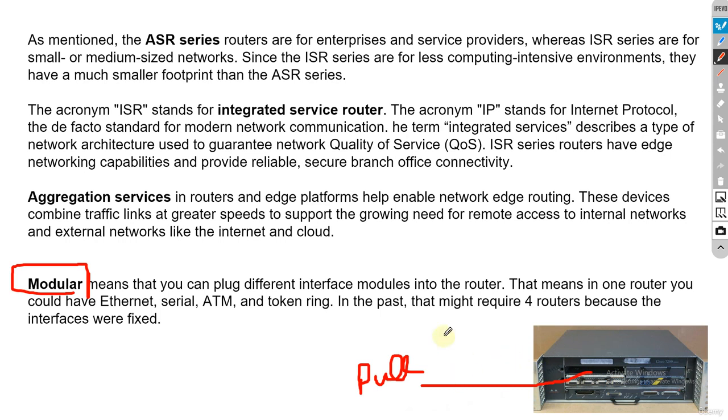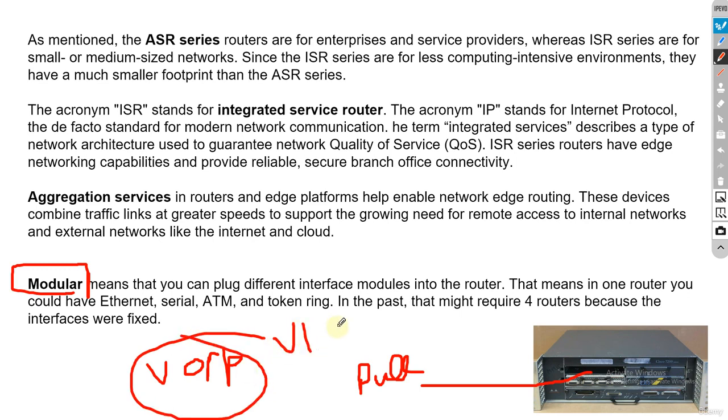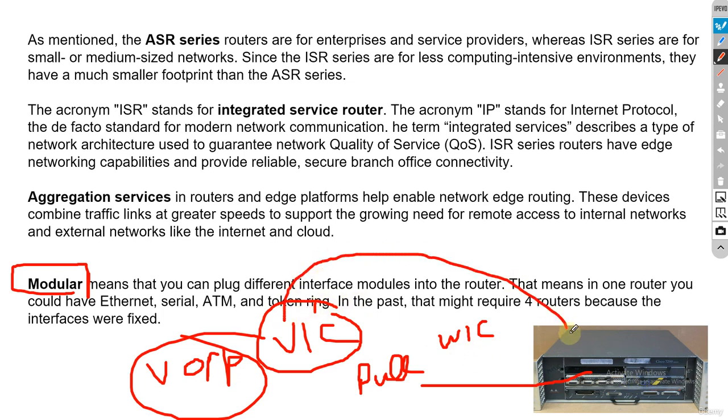Okay, and even the voice over IP as well, which is called VIC card. Okay, WAN card called wide area interface cards. Okay, so VIC cards also, if this router or switch have the capability of voice over IP, you can insert those VIC cards into these slots, okay, to enable voice over IP.